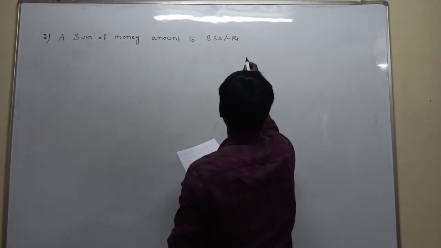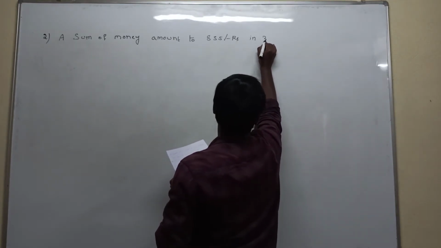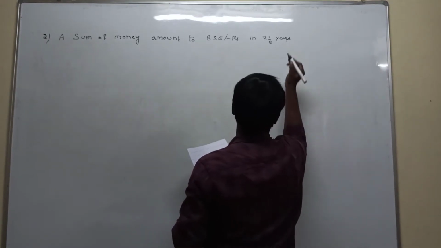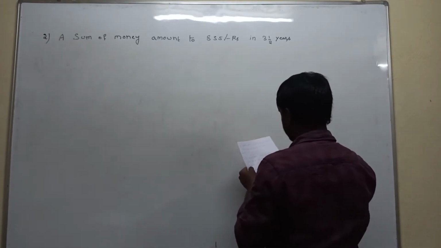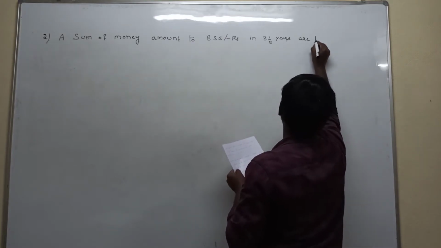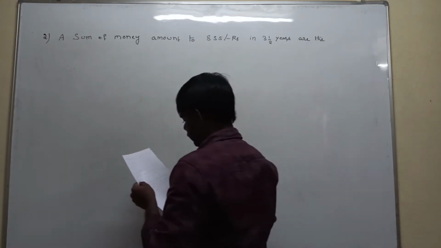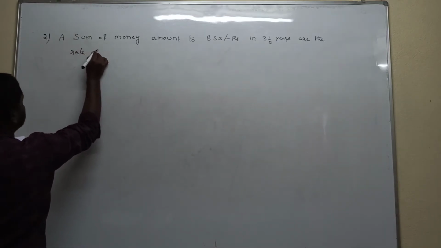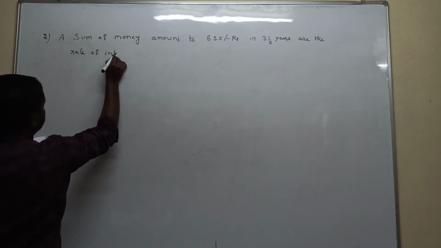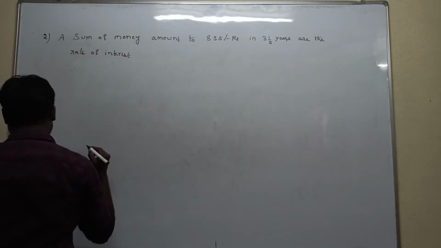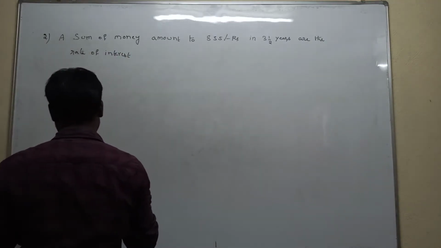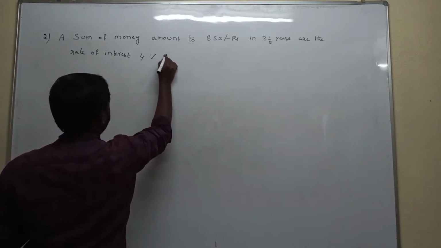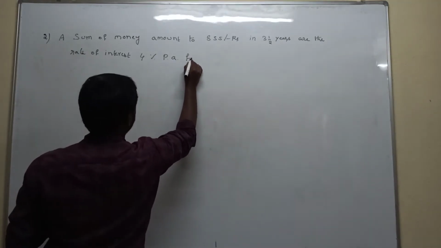Next, in 3.5 years time is given. The rate of interest is 4% per annum. Find the sum.